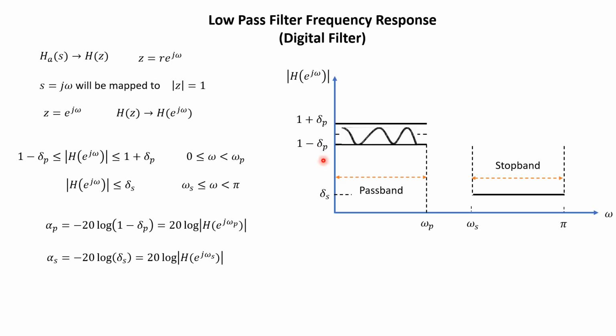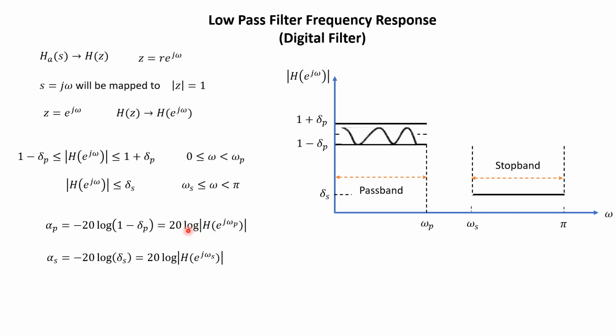Here we can see this minimum gain in dB. We calculate it by using this formula, minus 20 log (1 minus delta p), so this will be in dB. The same thing we can also calculate if we take the magnitude of the transfer function H(e^j omega) at omega equals omega p.